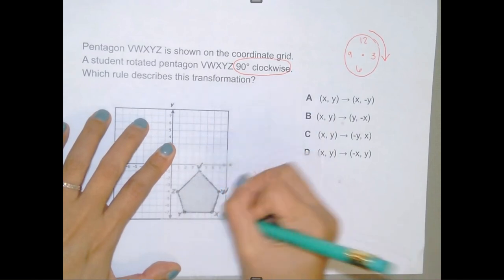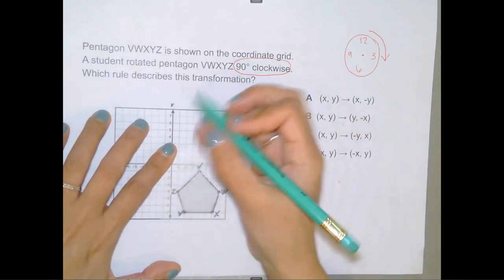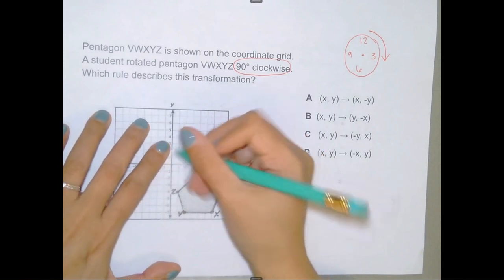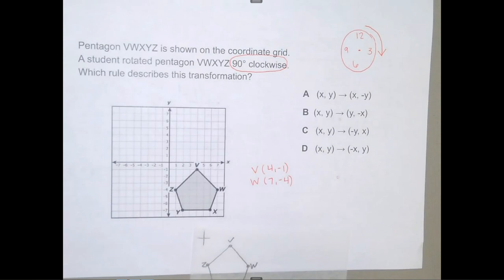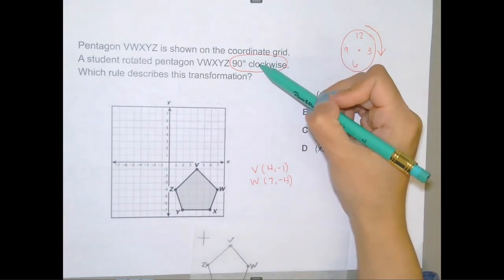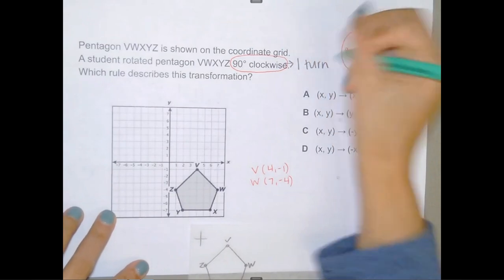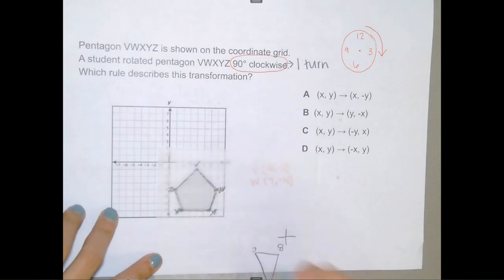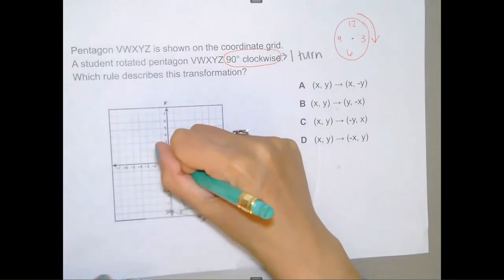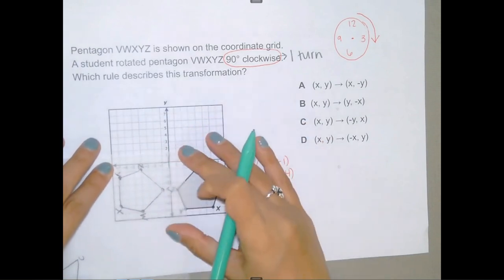V, W, X, Y, Z. Don't forget to label. And we do want to include some of our origin, so that we can make that rotation. So a 90 degrees clockwise is going to turn into 1 turn to the right. So when I line it up and I put my pencil on the origin, I'm going to turn it 1 time to where it matches.